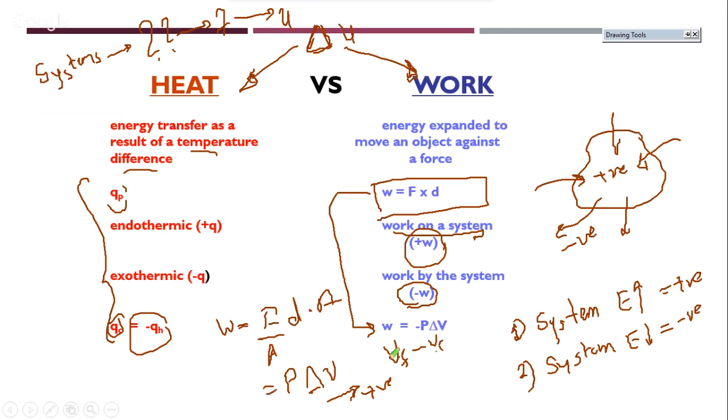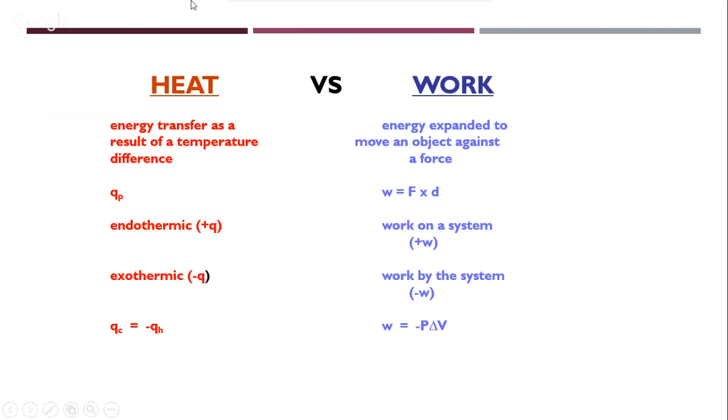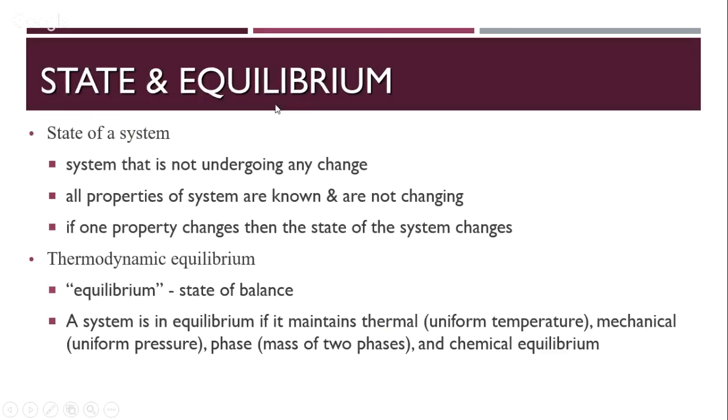So if final volume is greater than initial volume, delta V is positive, and therefore P delta V will be positive. But according to us, if the system is doing work, which means the system is expanding, then our work should be negative. So therefore we put a minus sign here. So W is equal to minus P delta V actually comes from the very basic thing that the work is being done by the system.